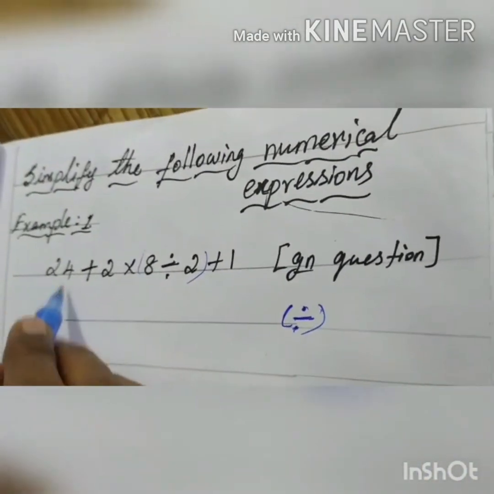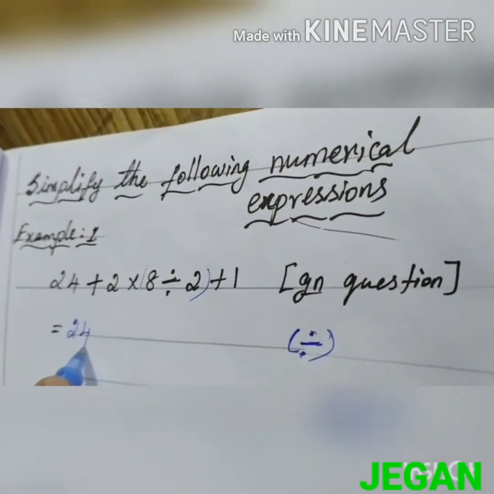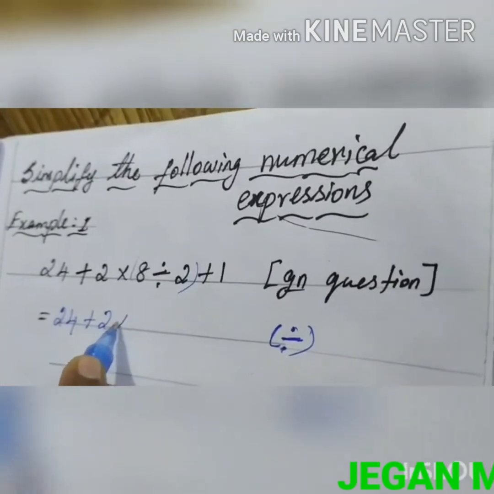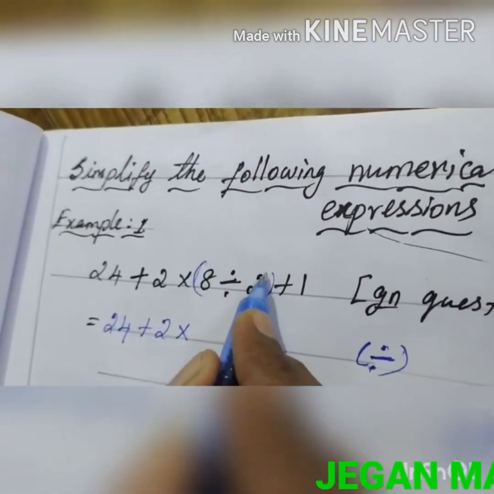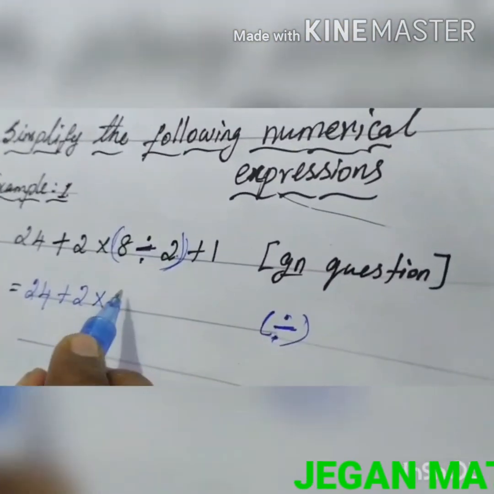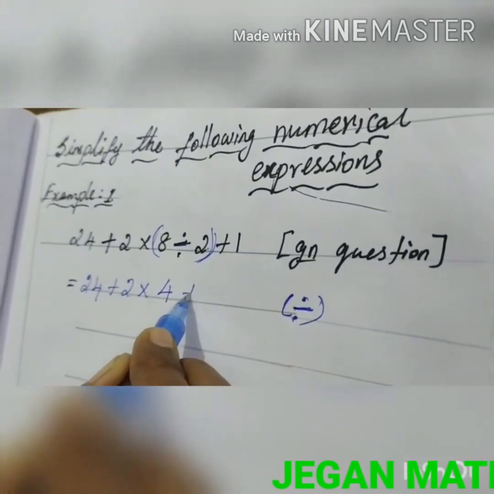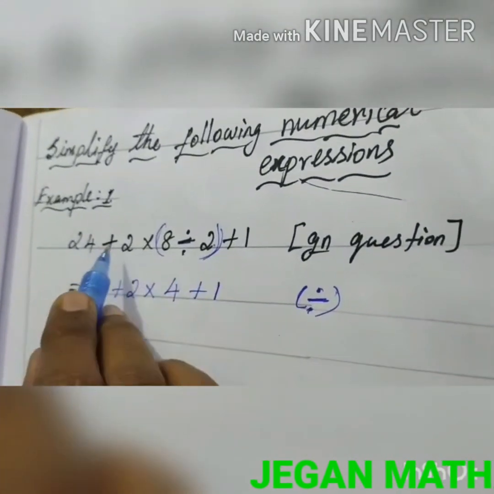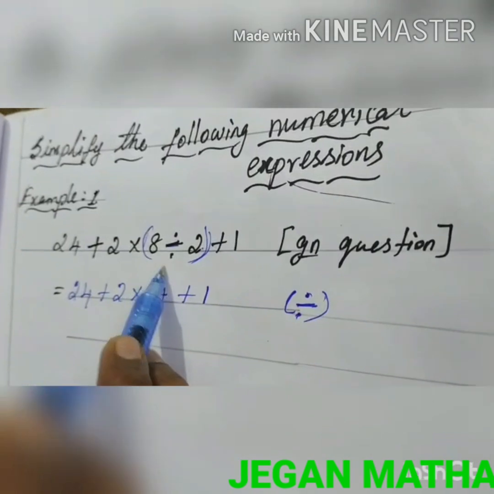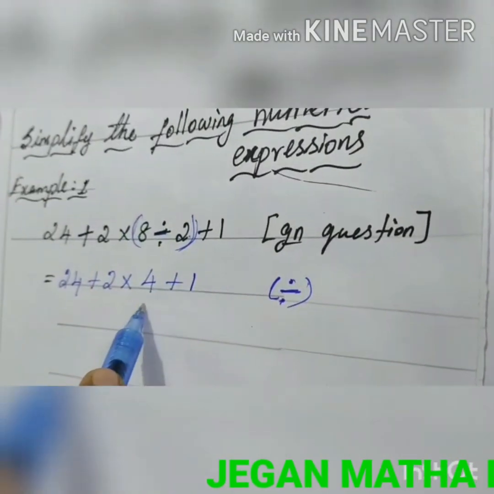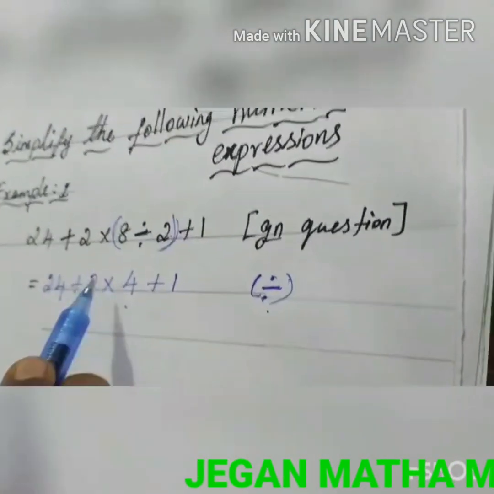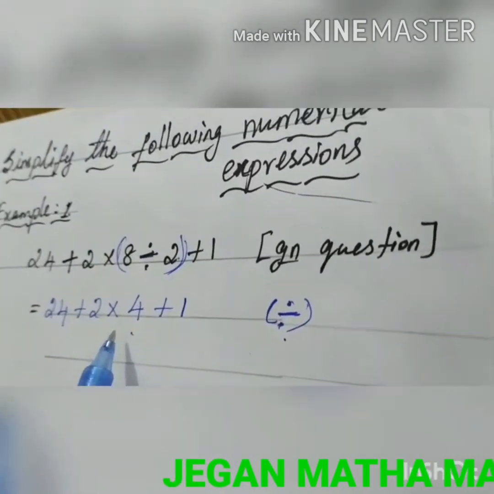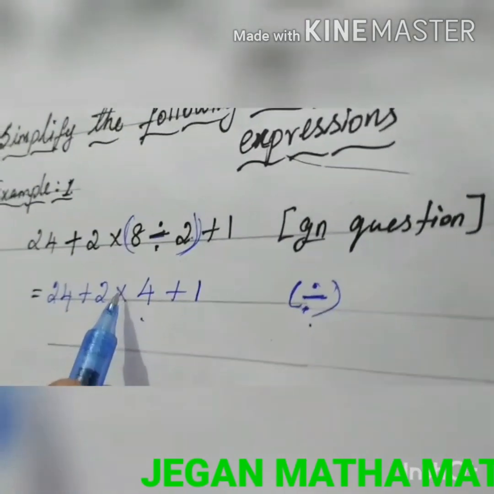Division. Keep 24 plus 2 multiplied by 8 divided by 2 is 4 plus 1. Keep other numbers as they are. You can do the division only first. That is the rule. So next, the third rule is multiply.